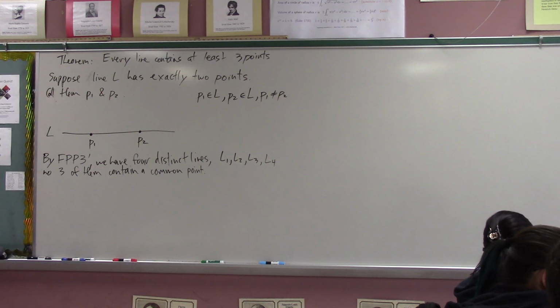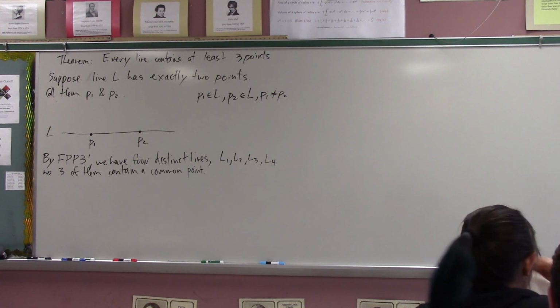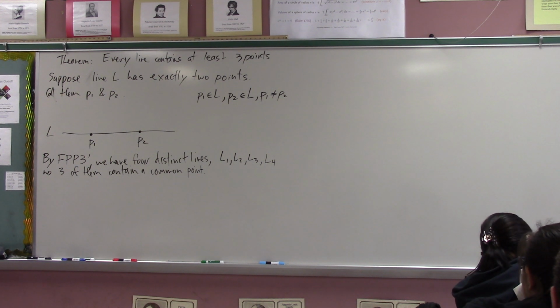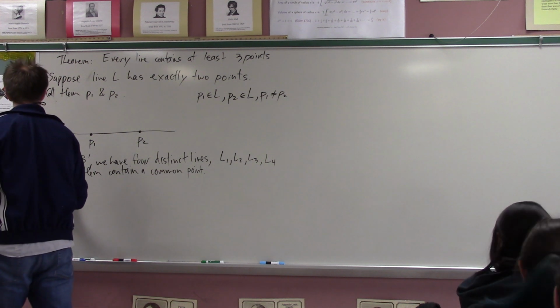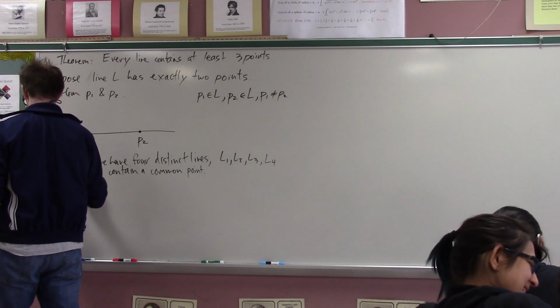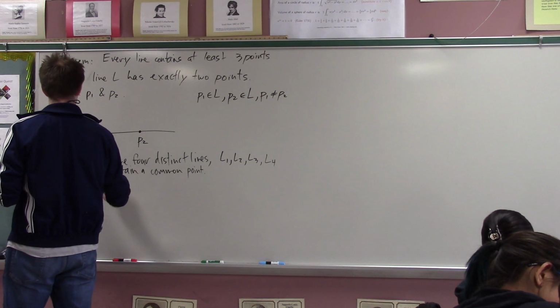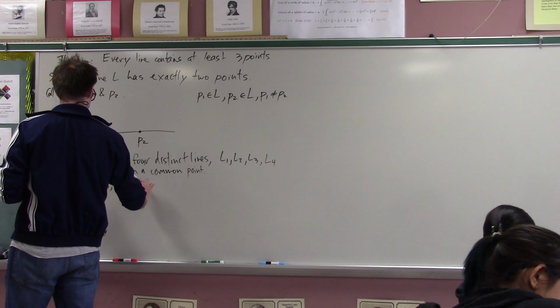Okay, well, the first case to consider is the case that L is one of those core four. Case 1. L is one of these core four lines, L1, L2, L3, and L4.